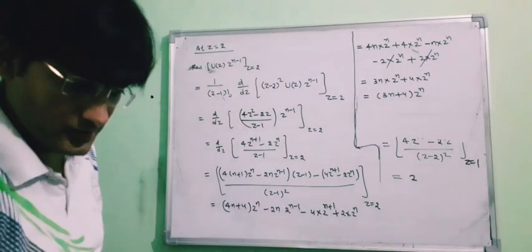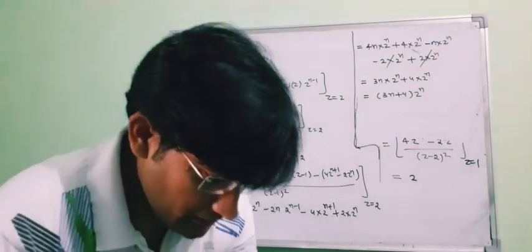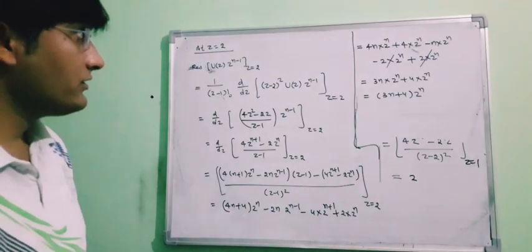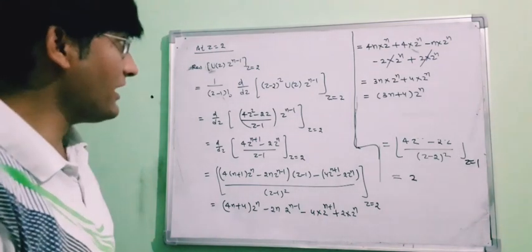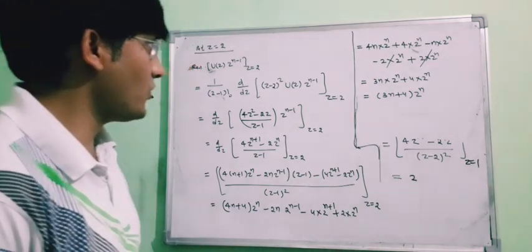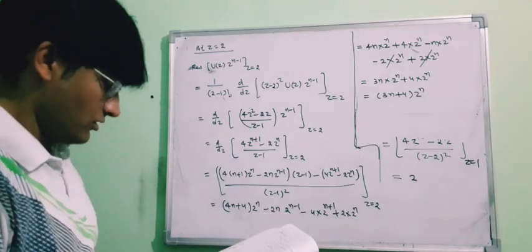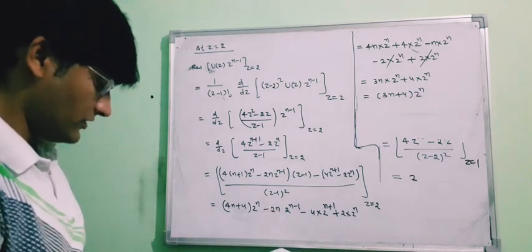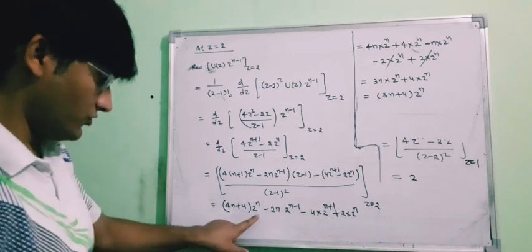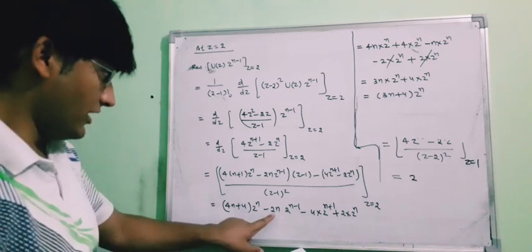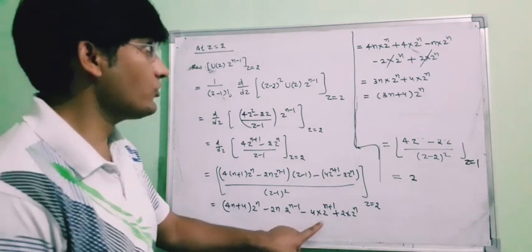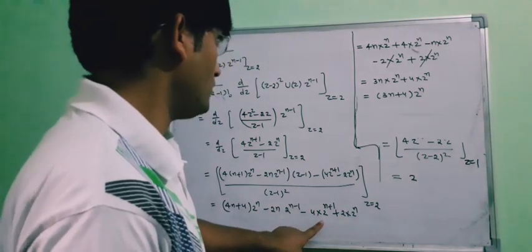So therefore, hence our answer is, I think there will be 3n minus 2. That means there will be minus 4, there will be minus 2. Now this is your 4n, and this is your 4 into 2 power n minus n 2 power n, and here this will be your 8, not 2.